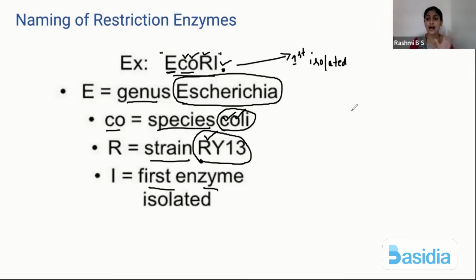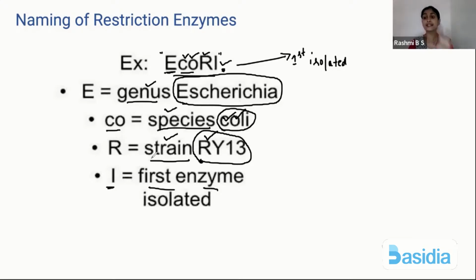So I repeat, while naming any restriction enzyme, the first letter will always be from the genus from which it has been isolated, the next two letters will be from the species, the third refers to the strain, the first letter of the name of the strain, and the number indicates the order of isolation. For example, EcoR1: 1 means this is the first enzyme isolated from Escherichia coli RY13.